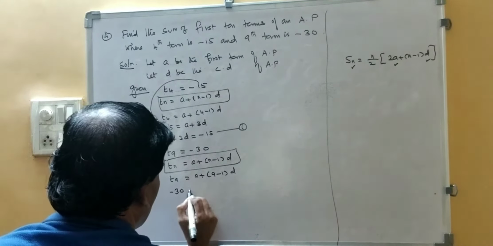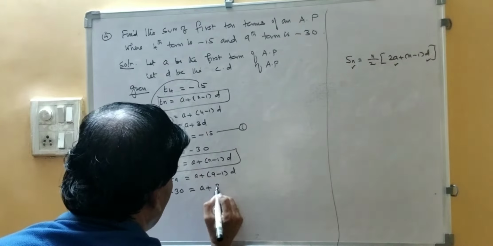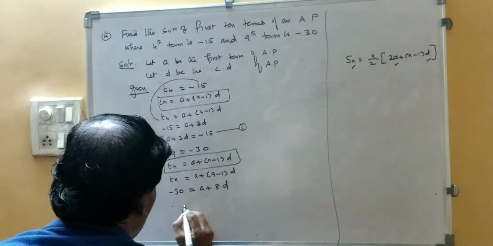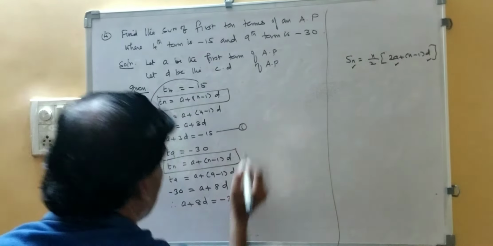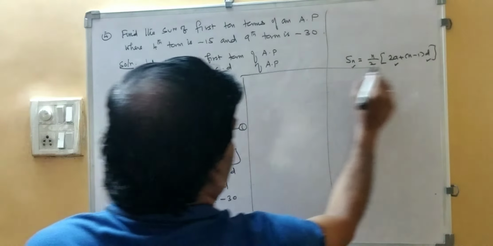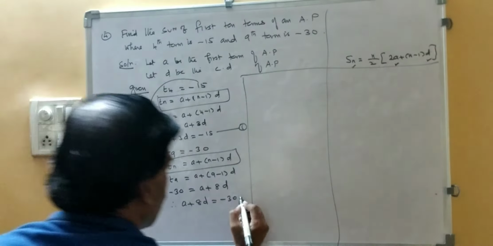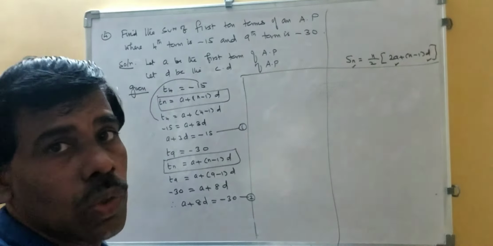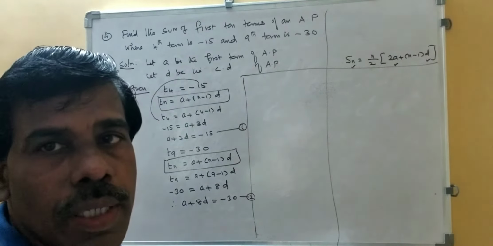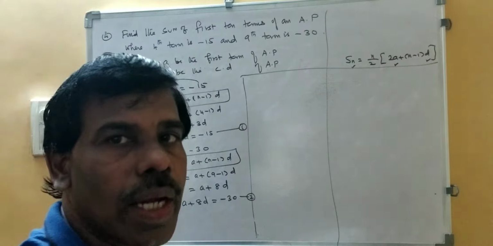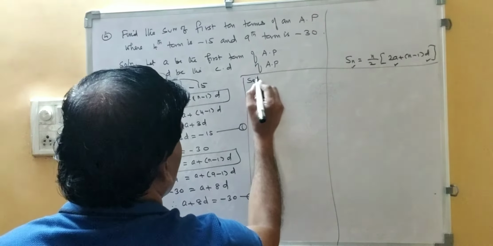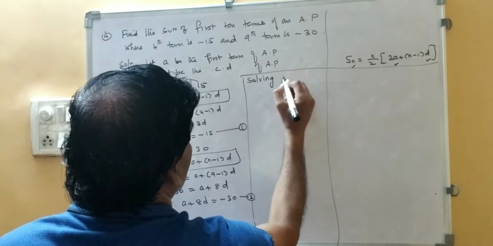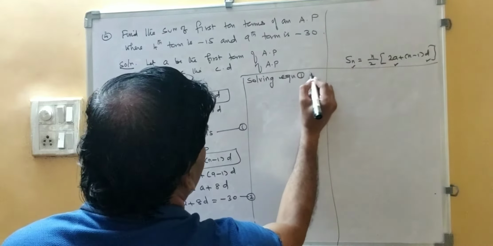Minus 30 equal to A plus 8D. Therefore, A plus 8D equal to minus 30. Now look at this. Now we have got two equations. So having two variables A and D, if you solve, you will get the value of A and D. So we will be solving equation 1 and 2.